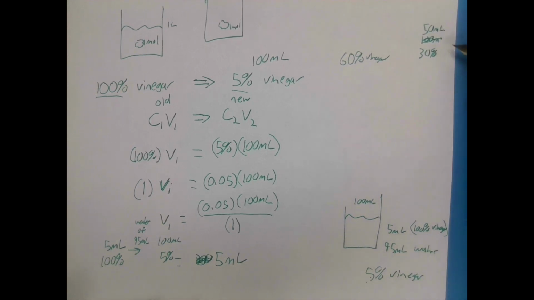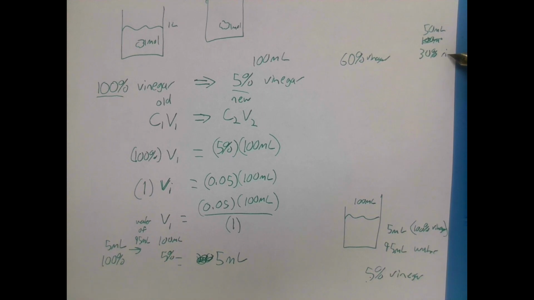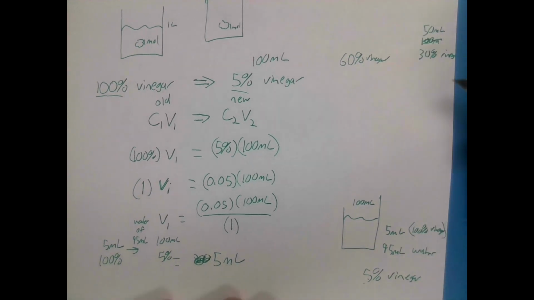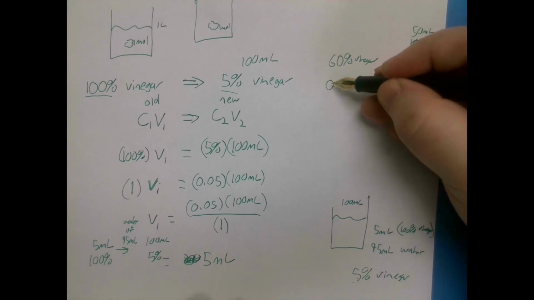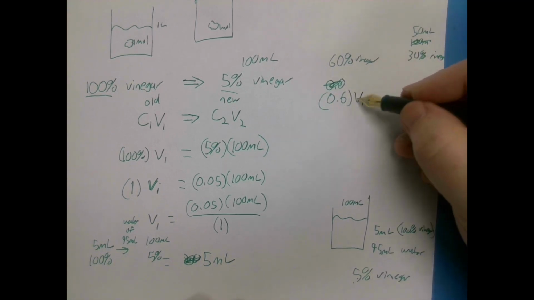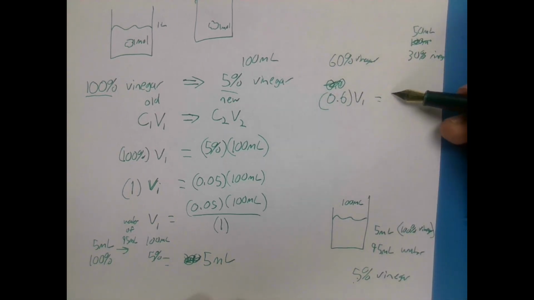The question is, how much water should you add? What should you do to get this? So that would be 0.6 times the original volume, which is what you're trying to solve for, and 0.3 times 50 milliliters.